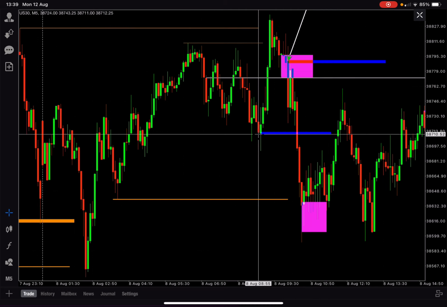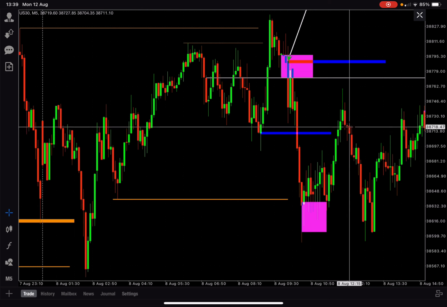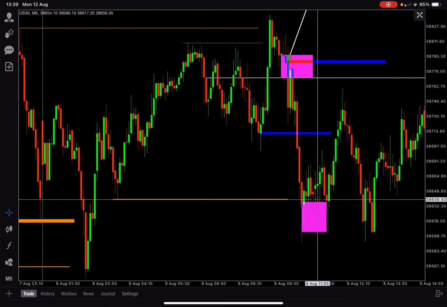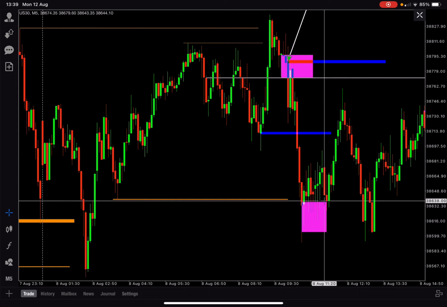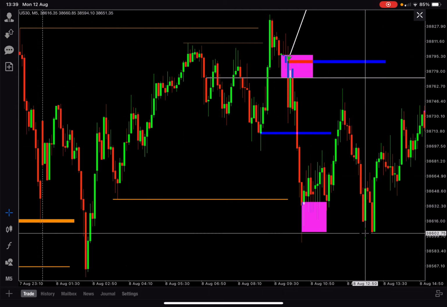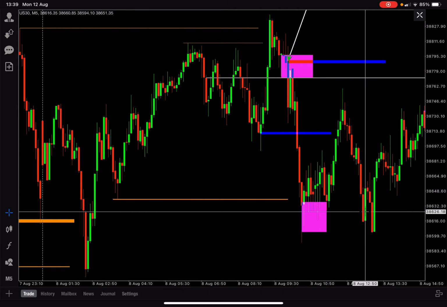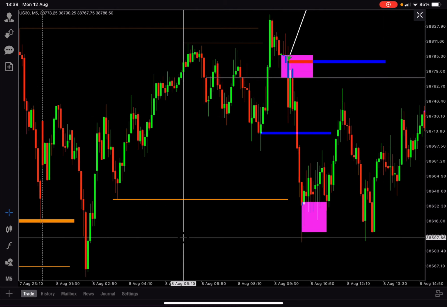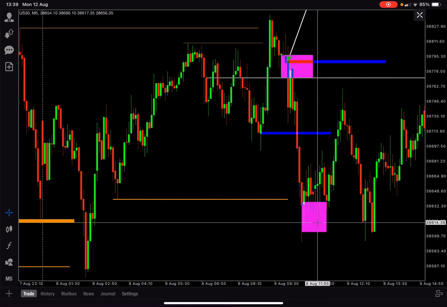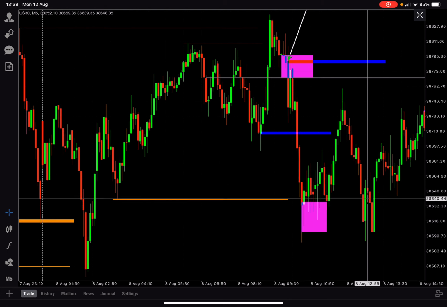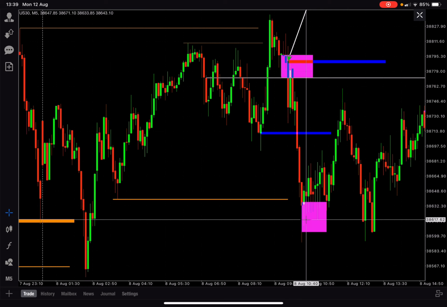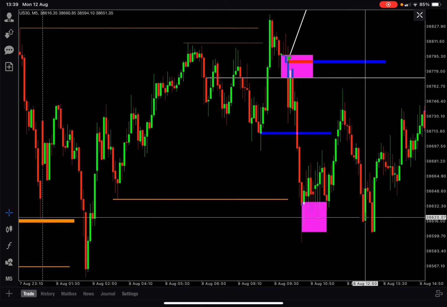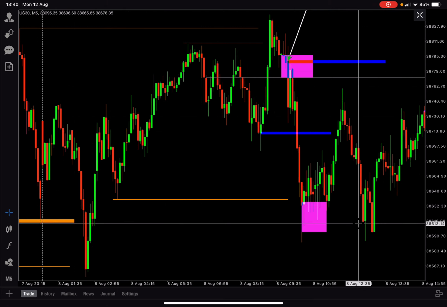As price goes up to the pre-London, you'd have took partial profits if you were still in. You might have got taken out at break even on that move. Price comes down again. You may have got into this one again, because this is a discounted price with the Asian session, and then this would be a discounted price for the London session. So if price seems like it's retesting this area, then it could be seen as a retest of a discounted London session area.